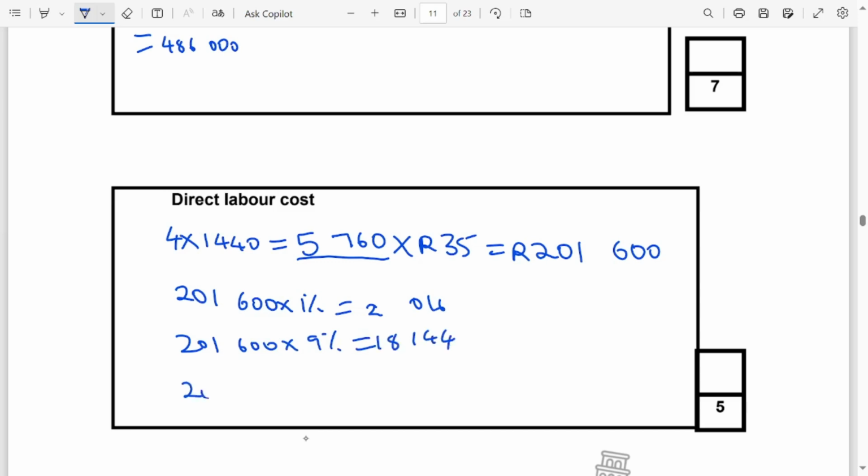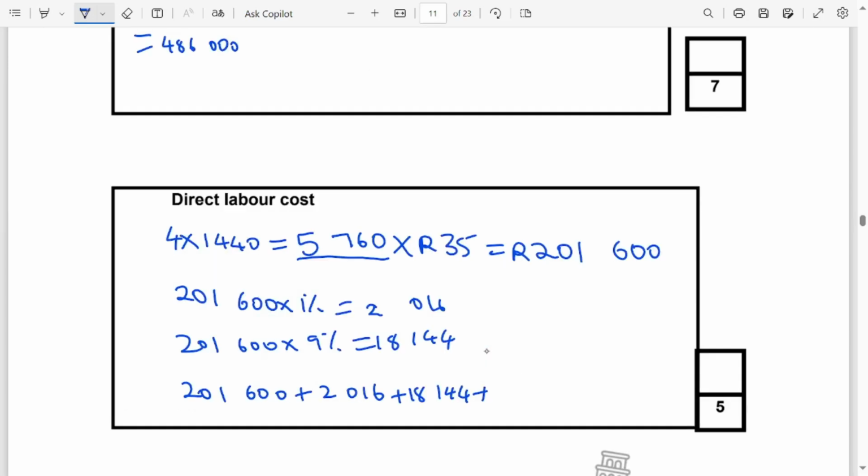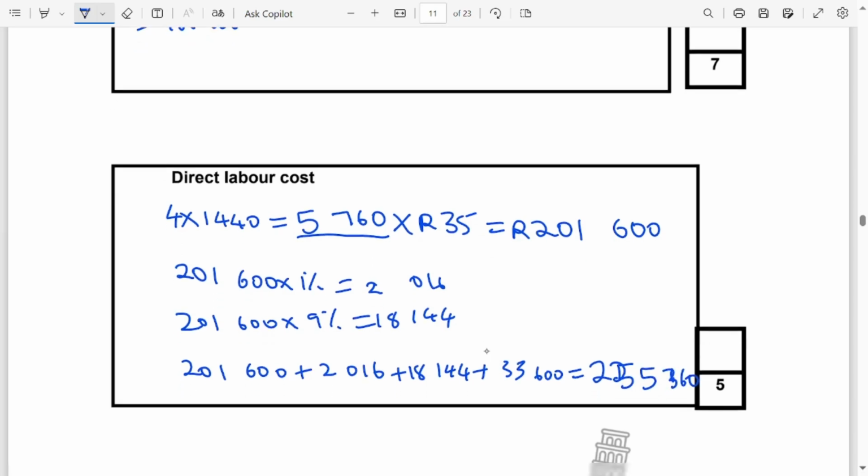So adding all of this is going to give us, plus 8,600, is going to be 245,260. Let's continue.